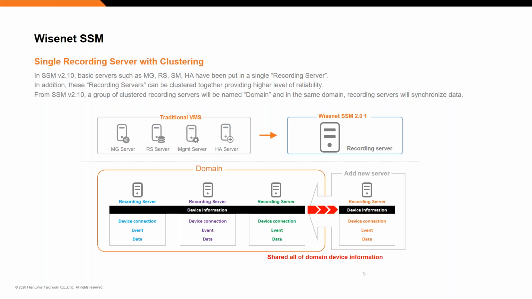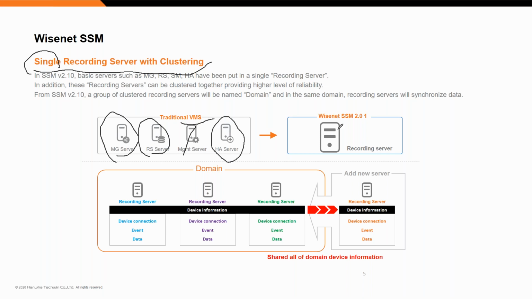Video wall, okay, that aside, now SSM: single recording server with clustering. Now, what is the purpose of this statement? It's a single unit. A traditional video management system requires a separate database, separate recording, maybe some will require management. Another requires high availability, separate failover servers. Each will manage one function.